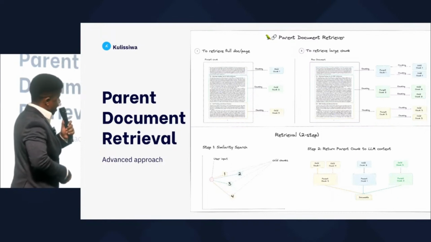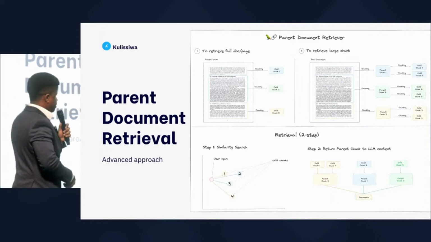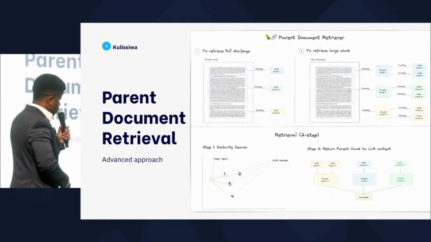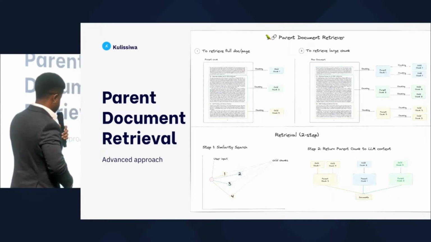Whenever you get the small chunks, you return this particular section instead of returning the entire page. So these are two ways of doing this. And on step 2, you're doing just similarity search. You get different chunks, and each one of those chunks is referenced back to their parent, and we return those parents as the context.